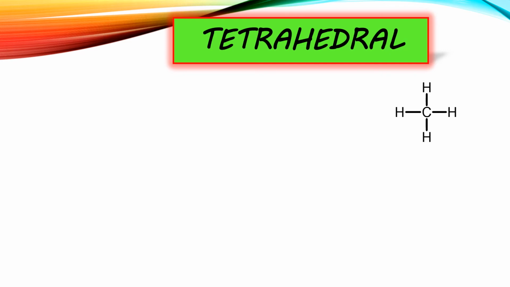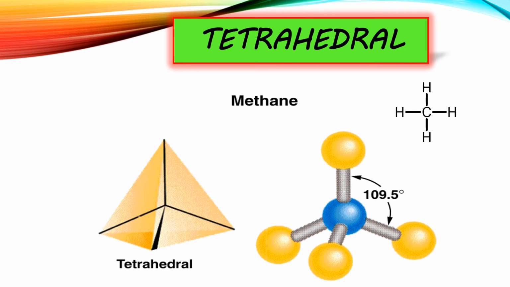All four bonding pairs are arranged at an angle of 109.5 degrees, and the shape is called tetrahedral. The general class for tetrahedral is AX4. The central atom has four terminal atoms; A is the central atom, X is the number of bonding pairs.